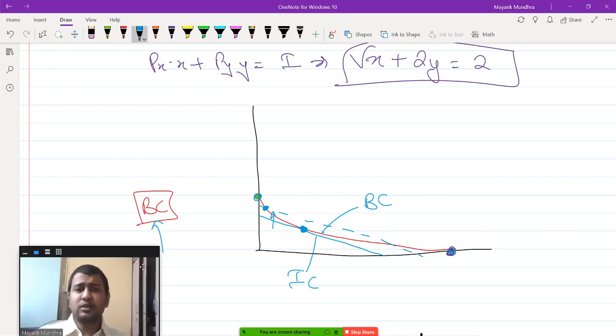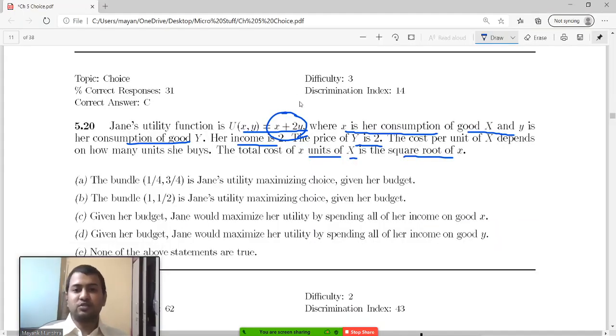So just check the utility at the two corner points. This corner point was 0 comma 1 and this corner point was 4 comma 0.